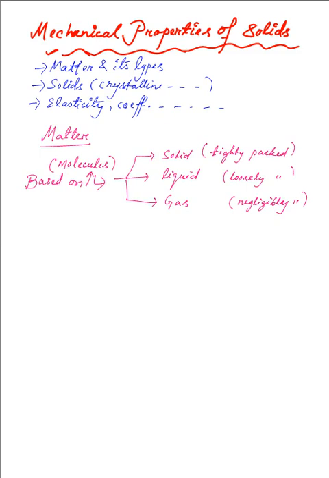But we are dealing with solids, so this leads us to know how solids can be further categorized. Now, the solids are further categorized into the crystalline and the amorphous types.